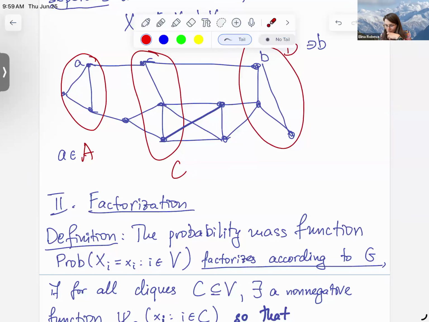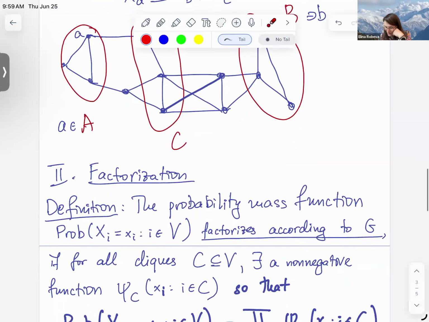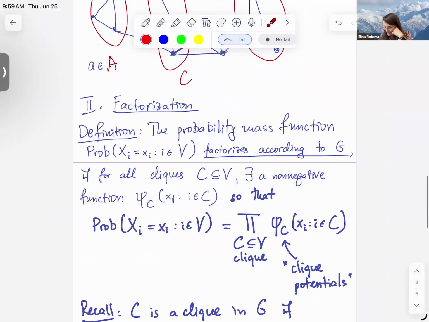And so if you had this factorization that didn't use only maximal cliques, for any clique that's not maximal, it's a subset of a bigger clique, so you can define the clique potential for the bigger clique to just multiply it also by this one. So you just group these psi C functions together, so you only use the maximal cliques.